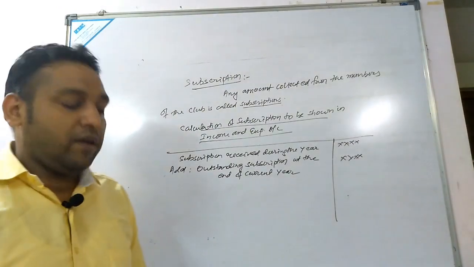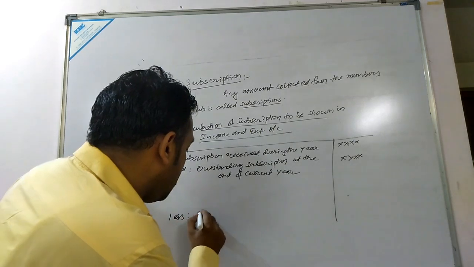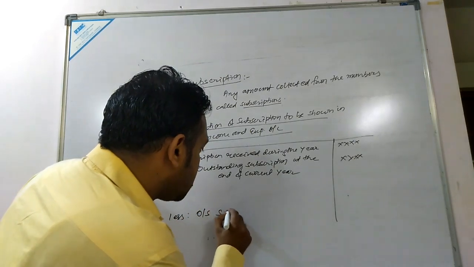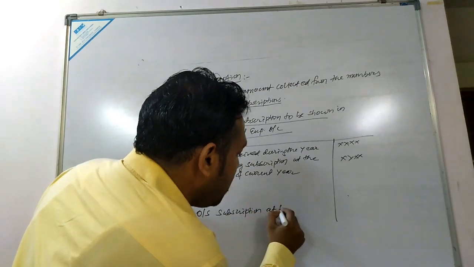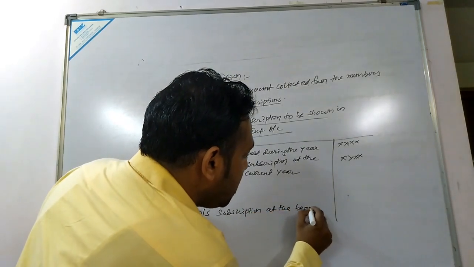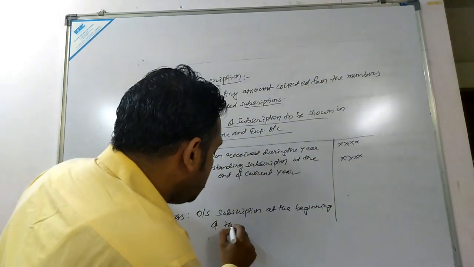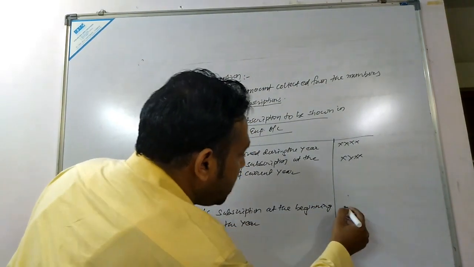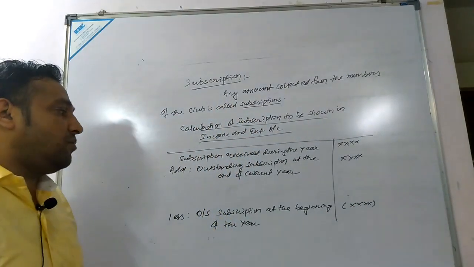Similarly, we have to subtract the outstanding subscription at the beginning of the year. That means any subscription outstanding at the beginning of the year would be deducted from the total amount.